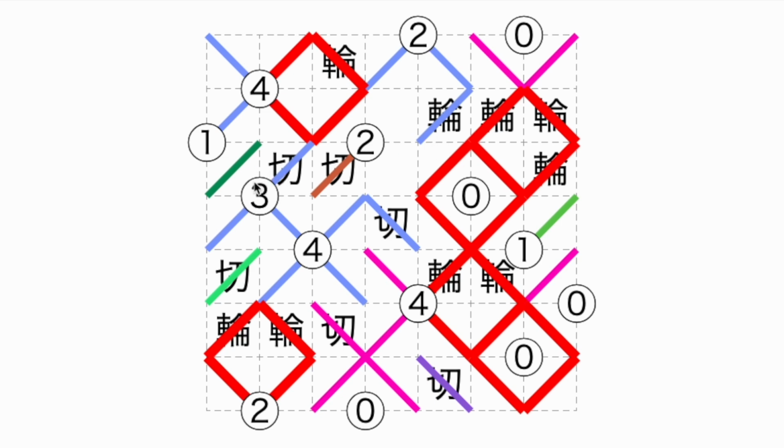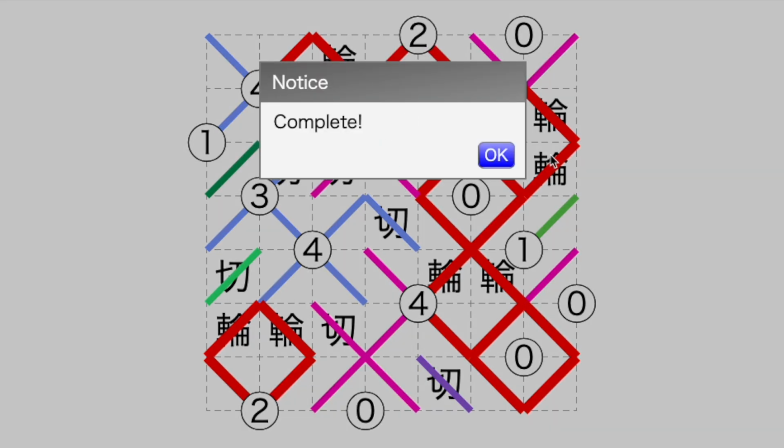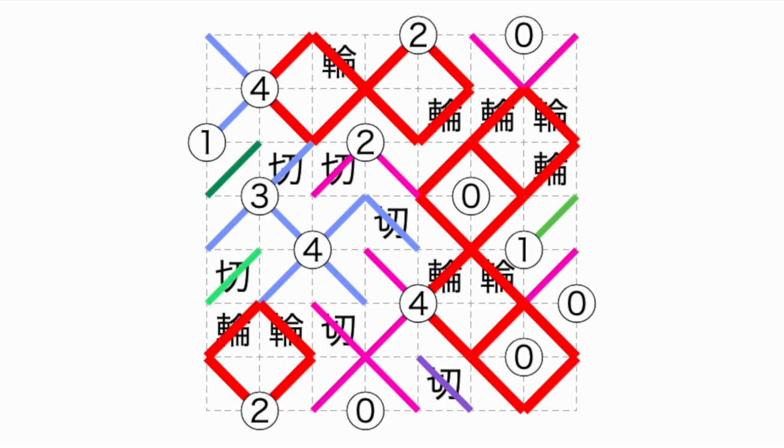That was pretty far from where I was looking. So this clue prevents us from having a connected loop all the way around here. So we're going to have to break that up right there. And as soon as we do that, we're done, because this 2 is fully satisfied, forcing this to go in the other direction, which will also give us our loop for that cell. And that is how you solve a Wagiri.